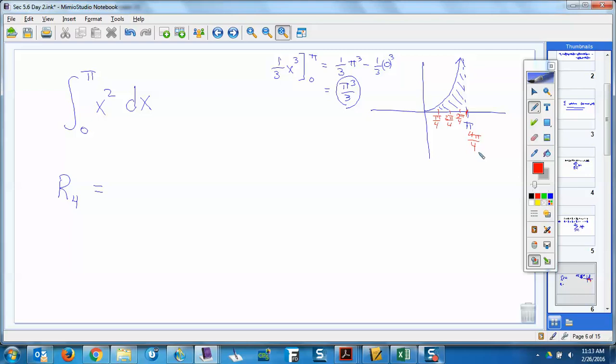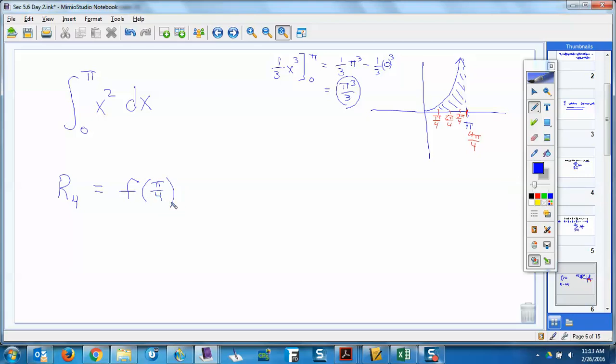Okay, here we go. So, what is my first right rectangle height? And I told you we were going to do rights. How do I write it? F of pi fourths.